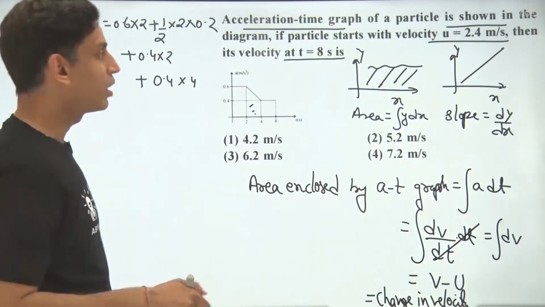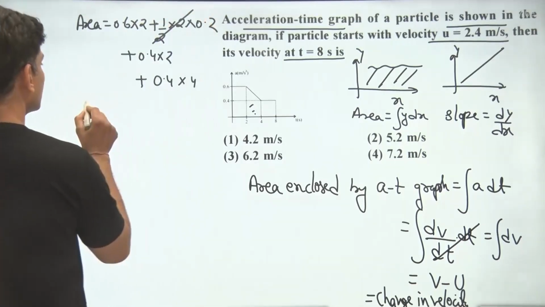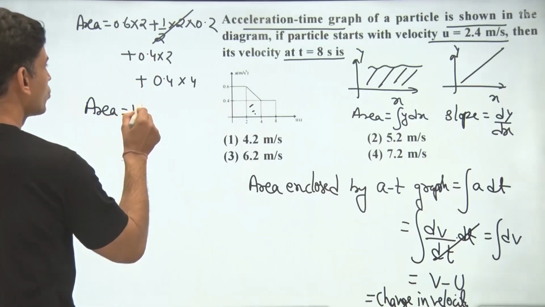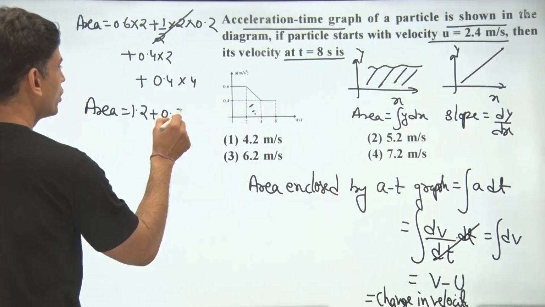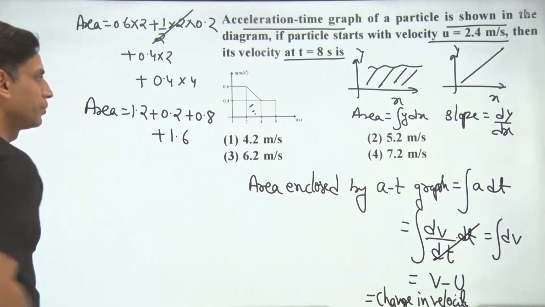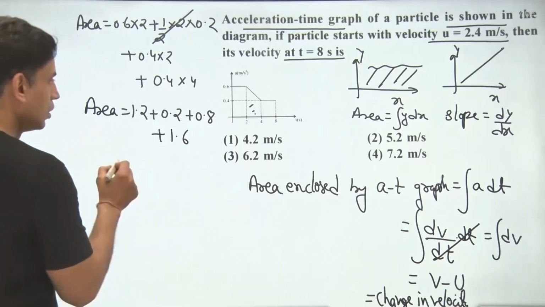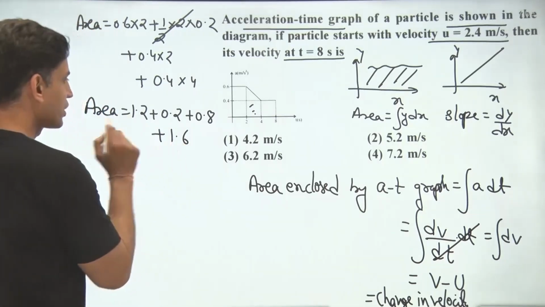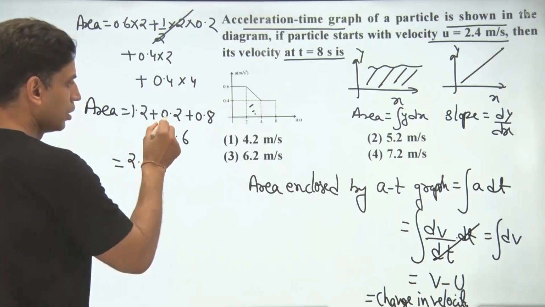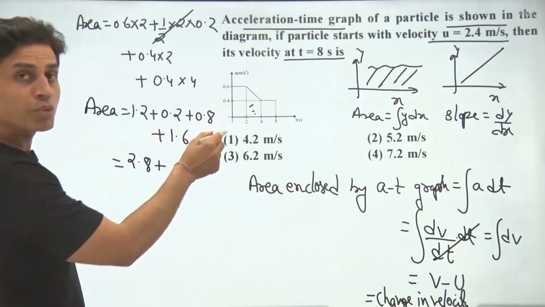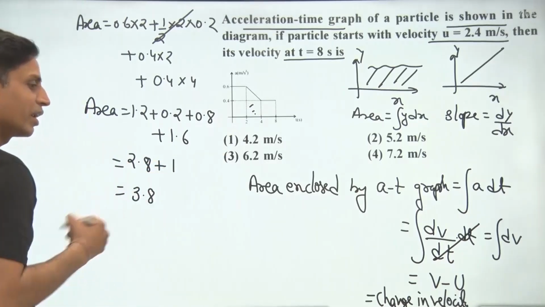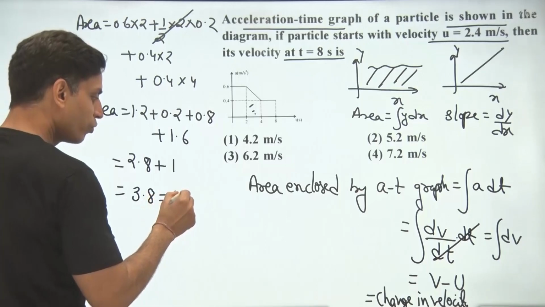This is the total area. Now 2 cancels 2. So area is equal to 0.6 multiplied by 2 is 1.2, plus 0.2, plus 0.8, plus 1.6. Now 1.6 and 1.2 is 2.8, and 0.2 plus 0.8 is 1, so 3.8 is the area enclosed, and that should be equal to v minus u.